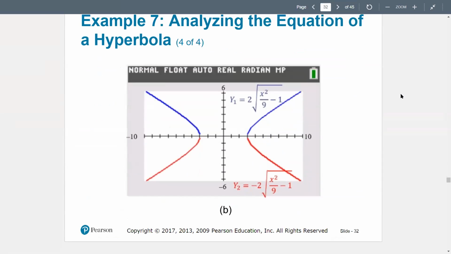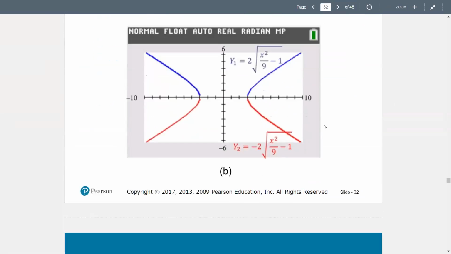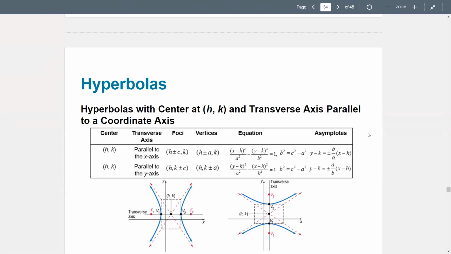If I go a little bit too fast for you now, you can watch the video later. Or you can check out the PowerPoint on Canvas. Okay. So objective 3, we are looking at hyperbolas with a center of h, k instead of at 0, 0.